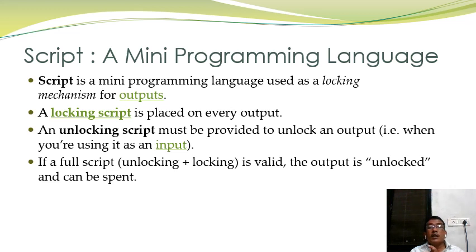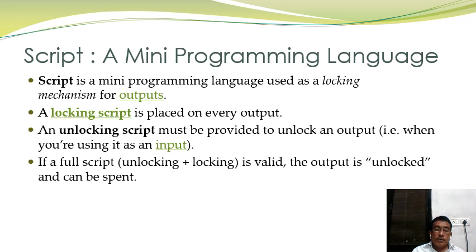A script is said to be valid when it has a locking script and an unlocking script. When there are both types of script, then that script is said to be a full script, and that script is valid. The output is unlocked. First we need to unlock the output, and then we can spend that output.